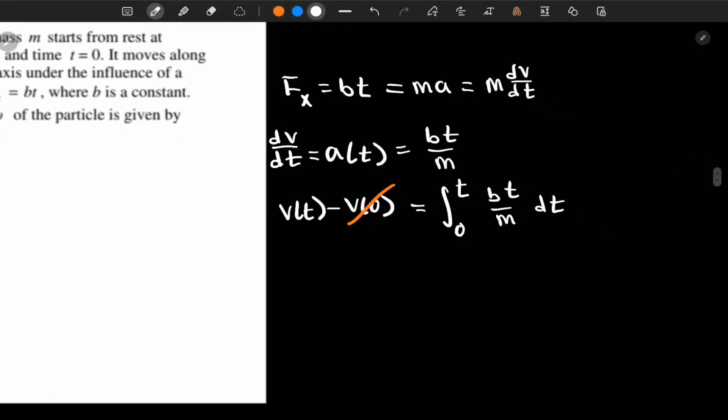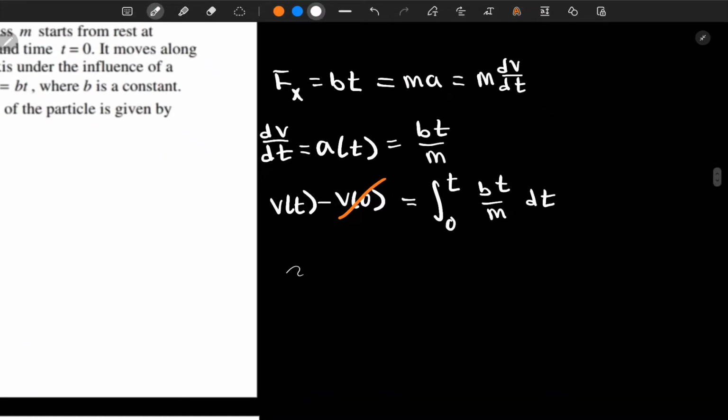Then, integrating on the right, we find that v of t is equal to b over m times t squared over 2 evaluated at 0 and t.